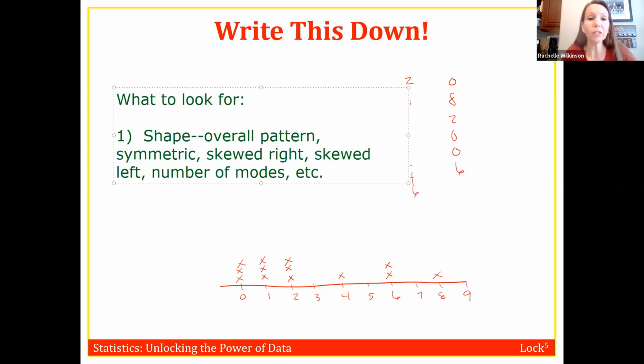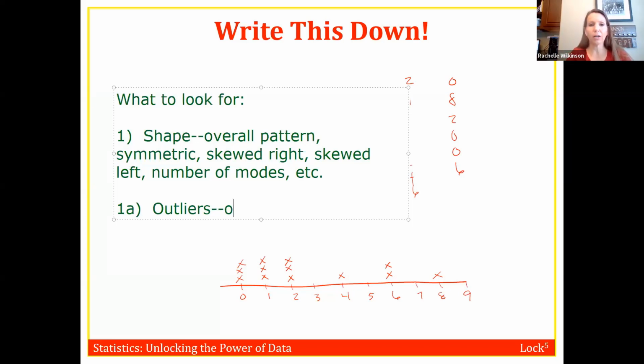And kind of going along with shape, we're also going to be observant of whether or not there's any outliers. So I'm going to call this like 1A because it kind of goes along with shape, but we are going to be looking for outliers. And outliers are just points that are noticeably different from the other data values.